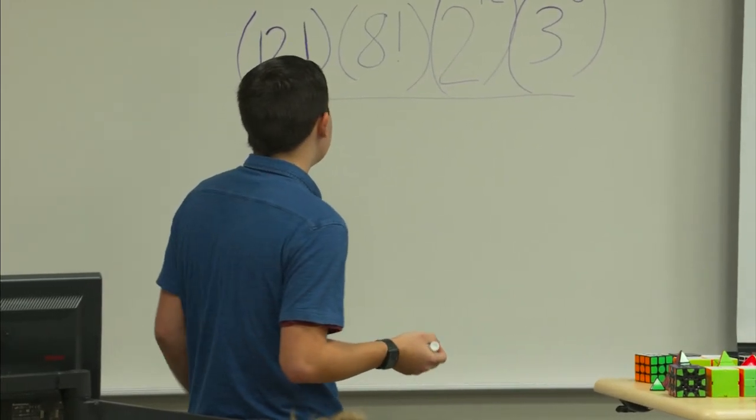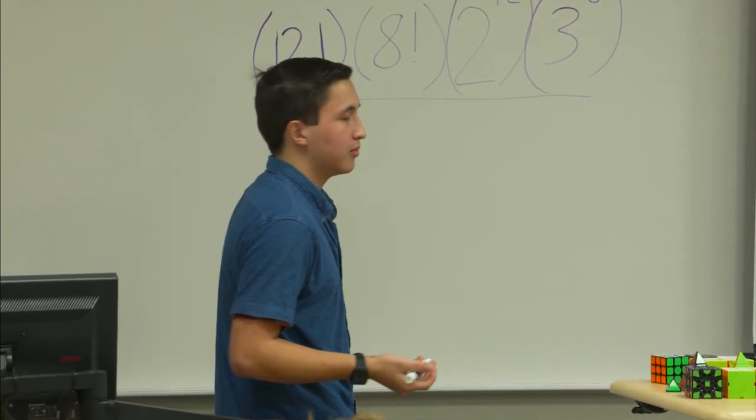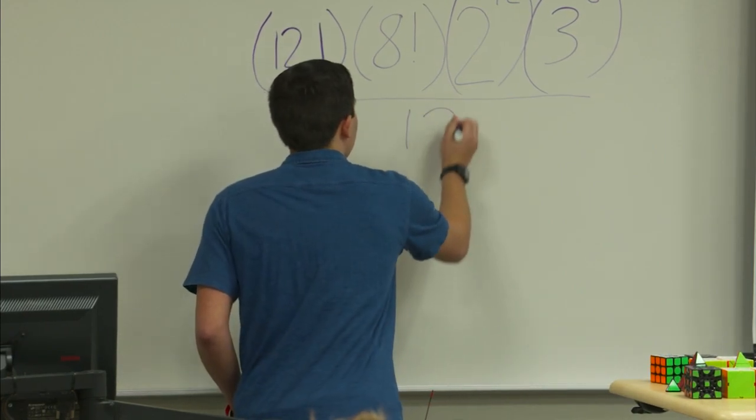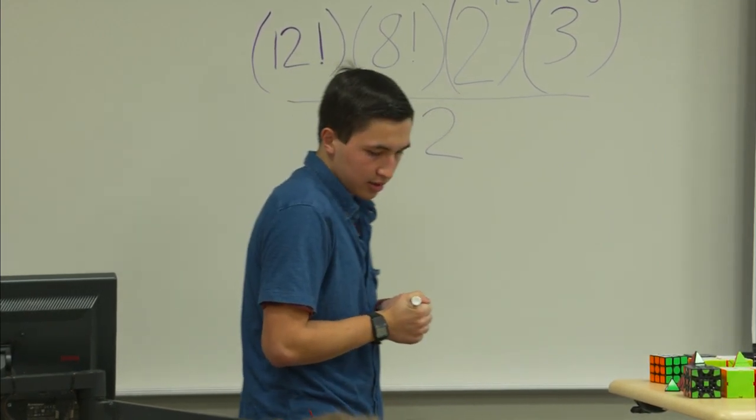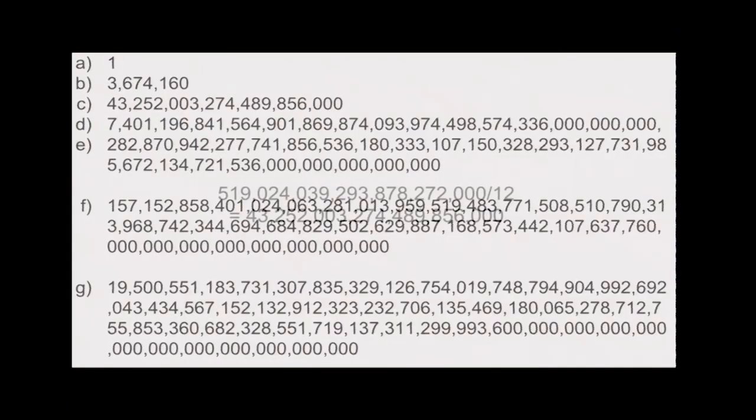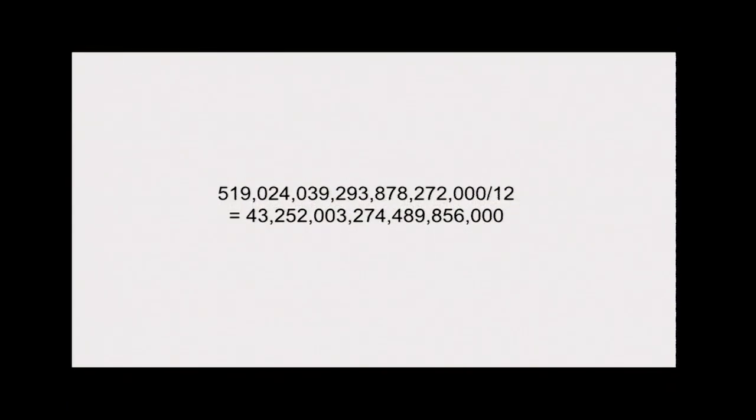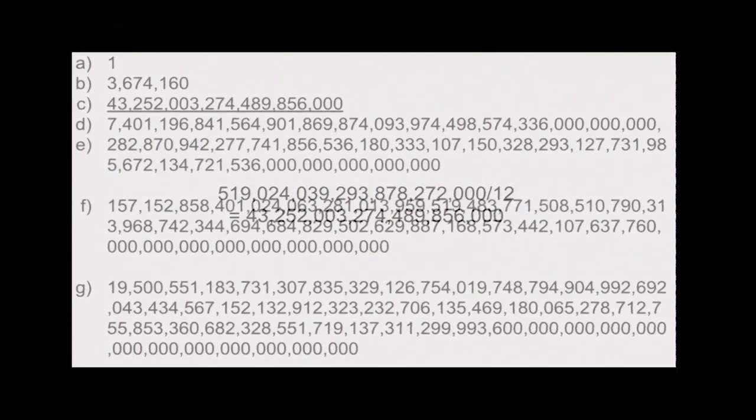So we need to divide all of this by 12. When we do that, we get 43 quintillion, 252 quadrillion, 3 trillion, 274 billion, 489 million, 856,000, which is C.